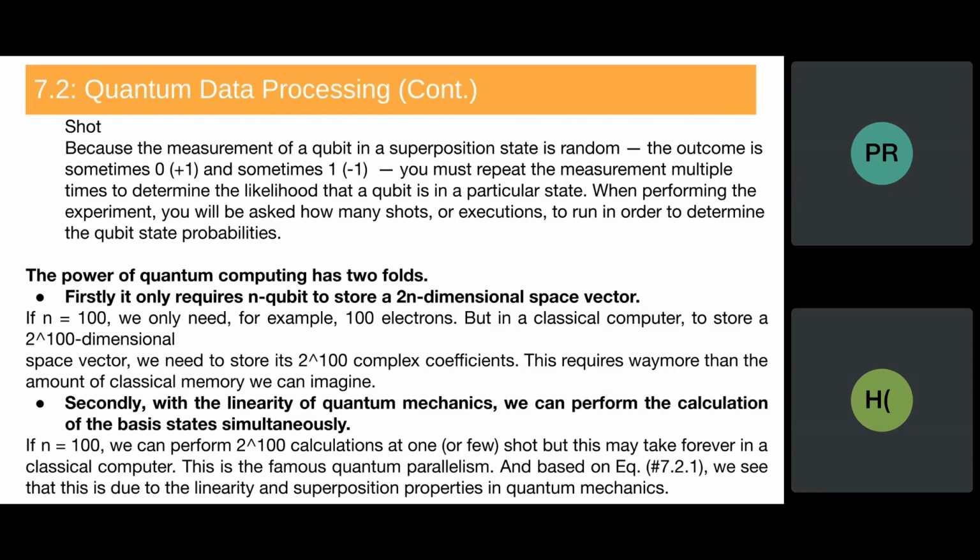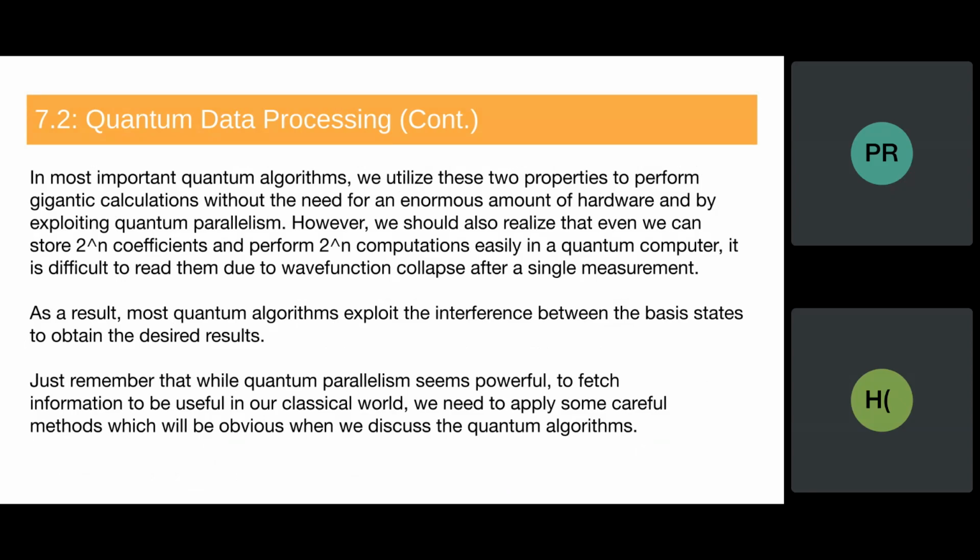Therefore, there are algorithms which we can tailor to make a super linear combination of the quantum states, and that is how we can get quantum data processing. Now let's go on to the results. Results of most quantum computing algorithms will be a speedup as well as a saving of memory.